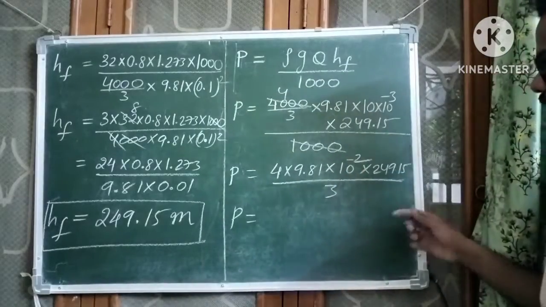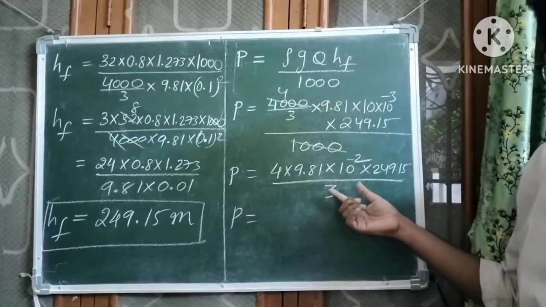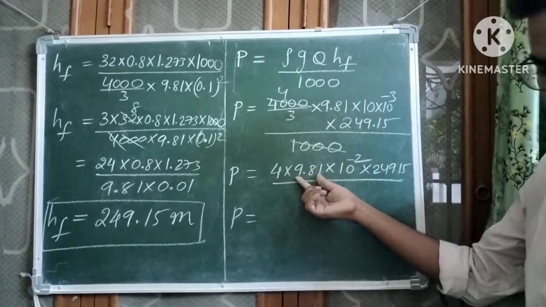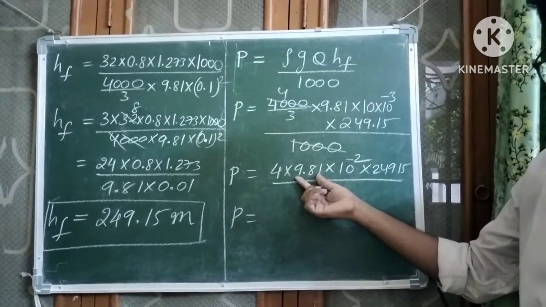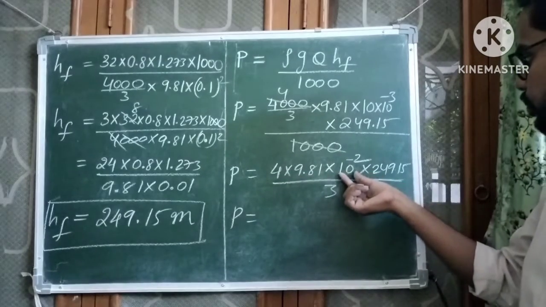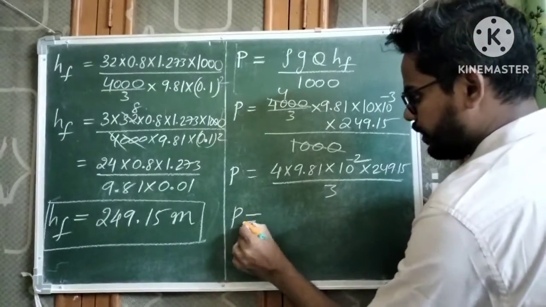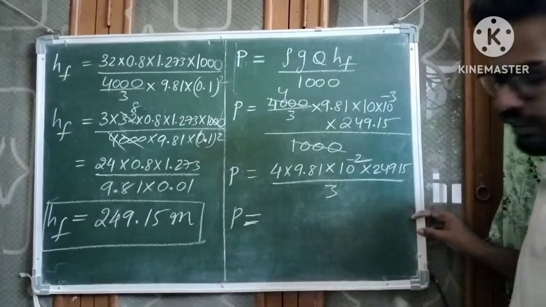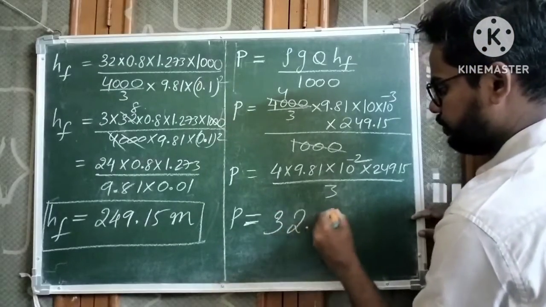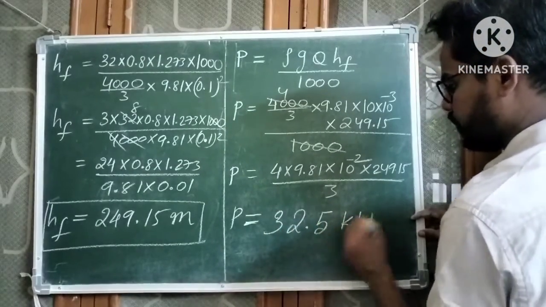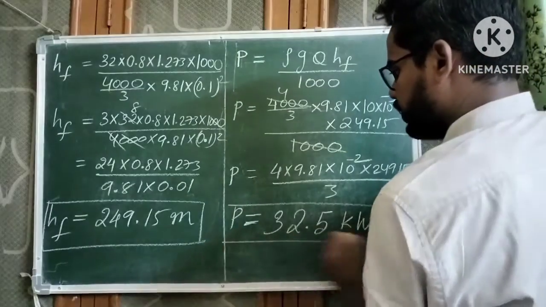If you calculate this value, 4 into 9.81 into 10 to the power of minus 2 into 249.15 by 3, you will get the final value as 32.5 kilowatt.